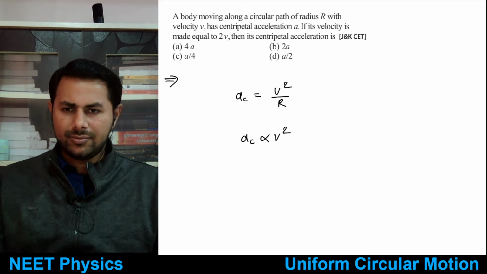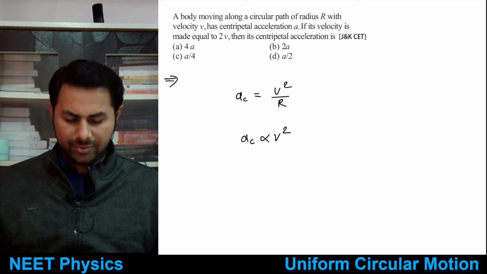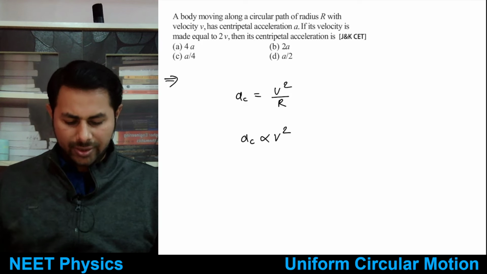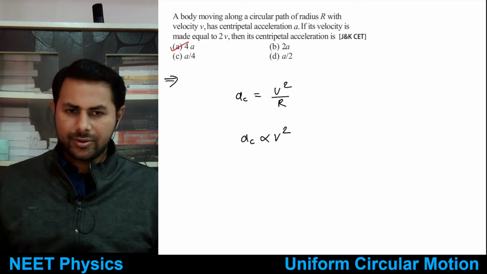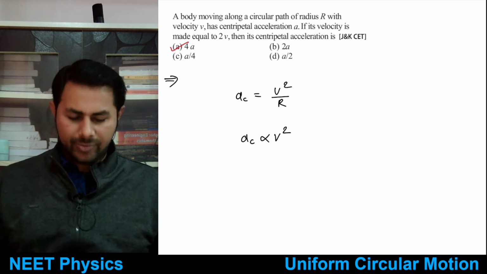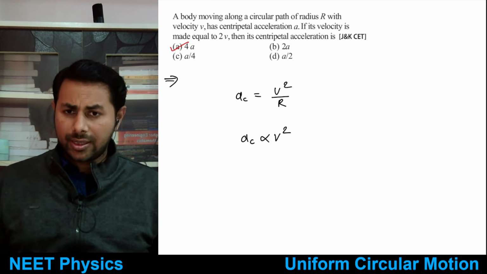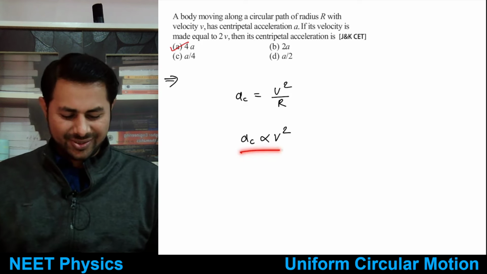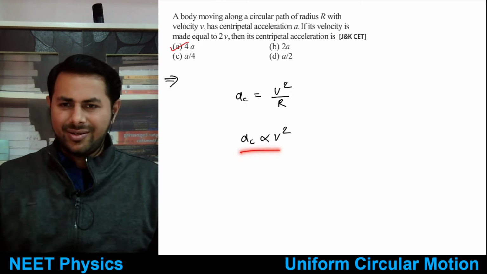It will become 4 times, no? Yes, no? Yeah, so it's option A. Good. So it will become 4 times. Right, velocity is made twice, acceleration will just become 4 times. Okay.